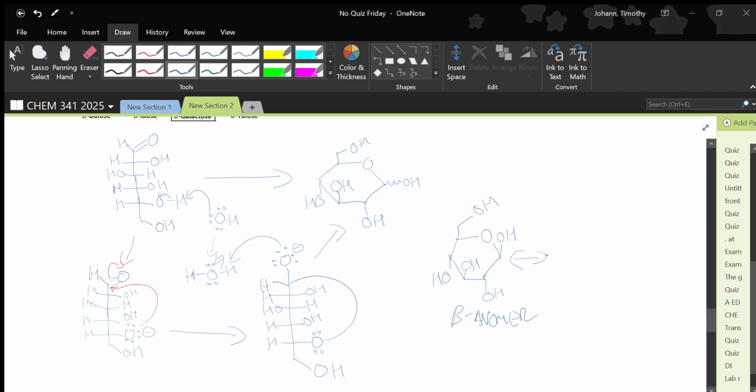And this is in equilibrium with the opened up form, with the aldehyde. Okay, and that's in equilibrium with the circular form again, but in this case we'll have the alpha anomer.